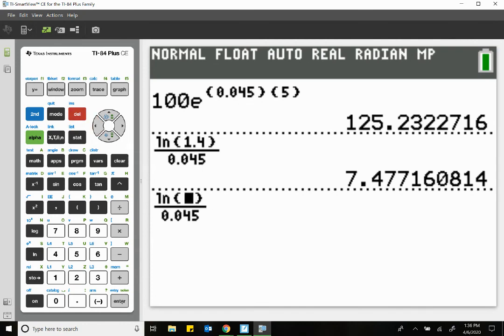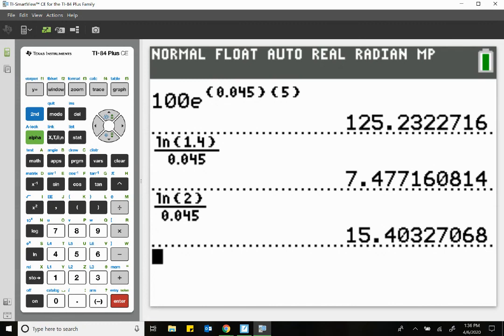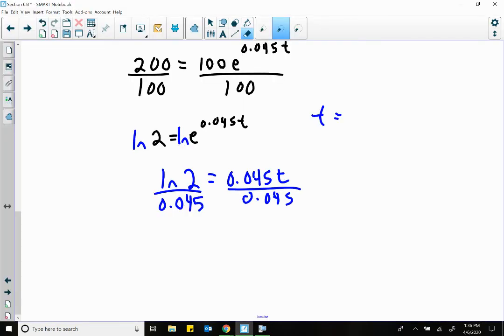There we go. So it will take us, and again, it'd probably have you round to the nearest whole, so 15, but technically it's about 15 and a half days. So 15 days. And that's what's going on.